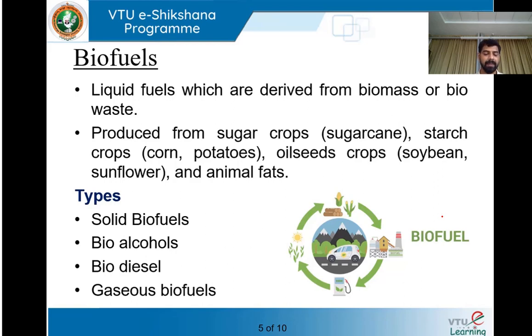And one more type of biofuel, in gaseous form, is biogas or the biogas plant, or in general we simply call it a gobar gas plant. All the solid waste, like animal waste and human waste, can be dumped in a well underground. There, in the absence of oxygen, we call it an anaerobic reaction. Anaerobic means in the absence of oxygen.